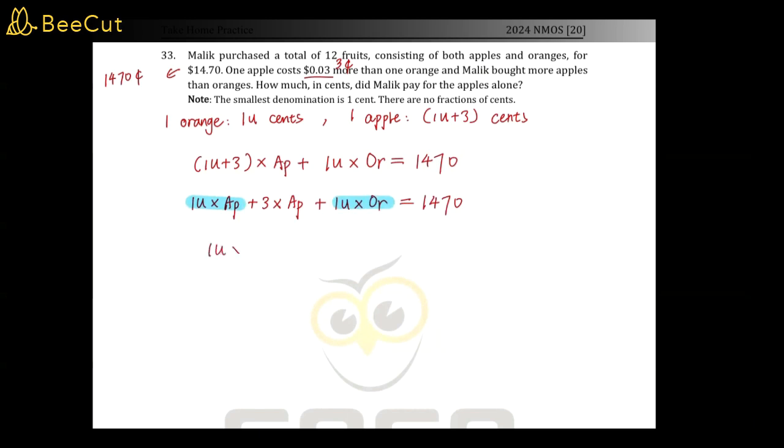This 1 U times number of apples plus number of oranges, and then we have 3 times number of apples equals to 1,470. So apples plus oranges is 12 fruits. This 1 U times 12, so 12 units plus 3 times number of apples equals to 1,470.